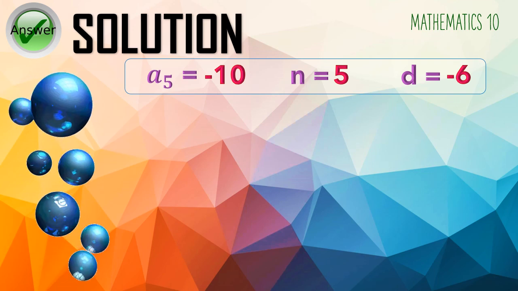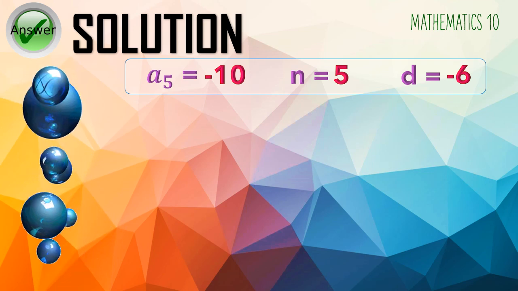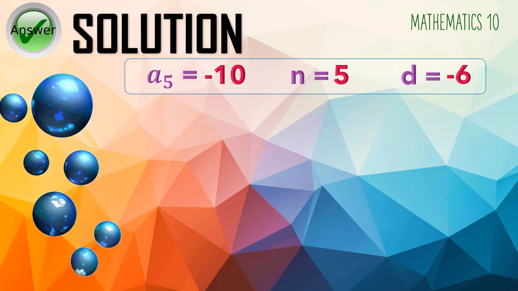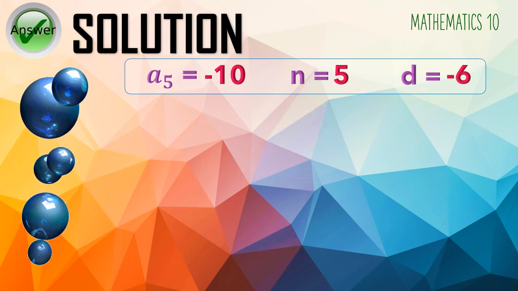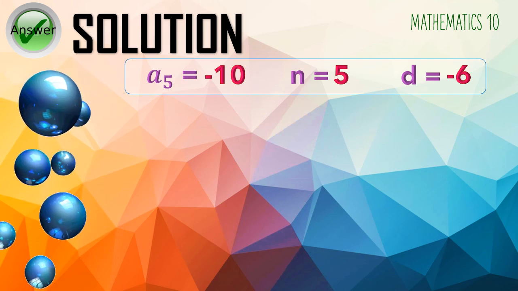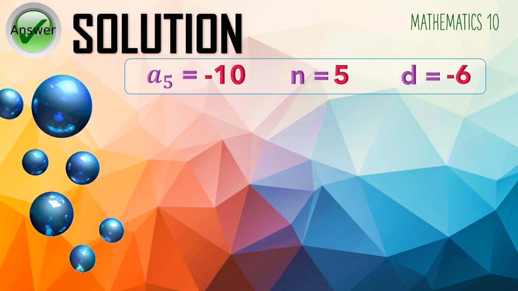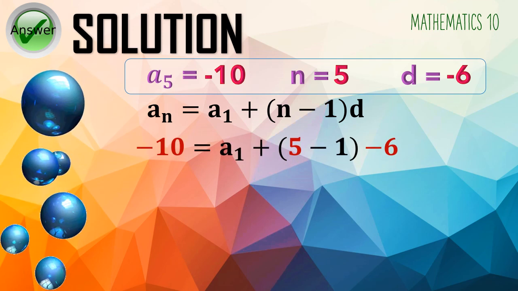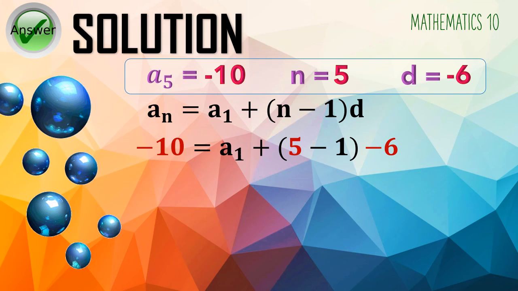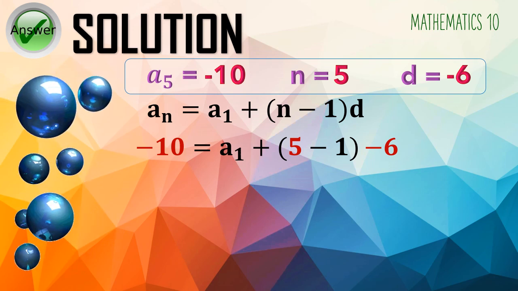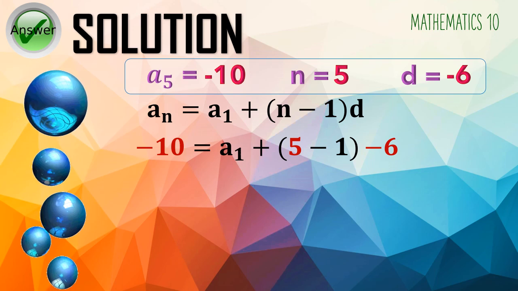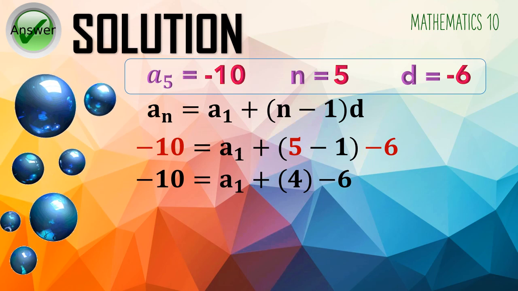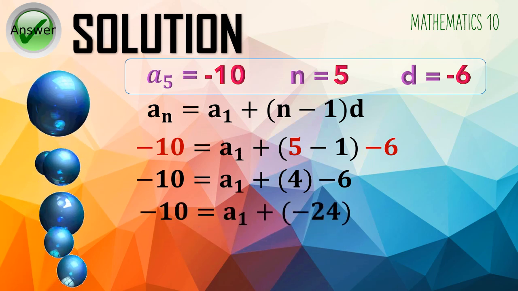As you can see, our necessary data is not yet complete. We do have n, we do have d, but our a sub 1 is missing. Therefore, you are supposed to find out the a sub 1 first. So substituting in the formula, we simplify those inside the parentheses of 5 minus 1, we have 4, and then multiply 4 with negative 6, you do have negative 24.